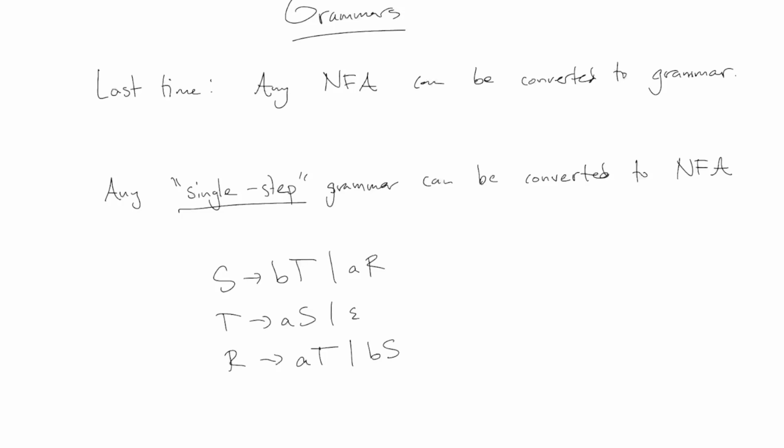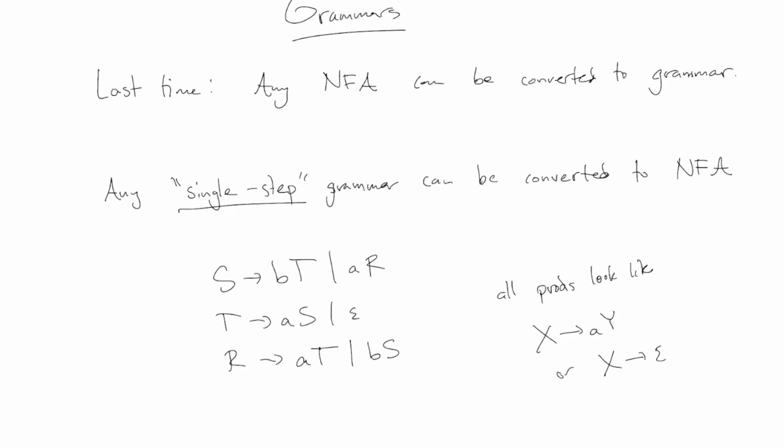And single step refers to the fact that all productions look like X goes to AY, or perhaps X goes to empty string. The little A could be a B or whatever else, but just a single letter.